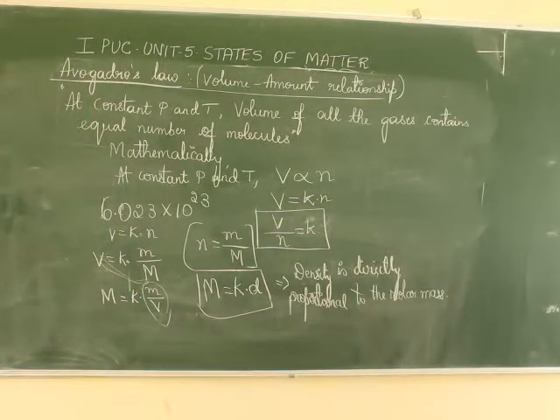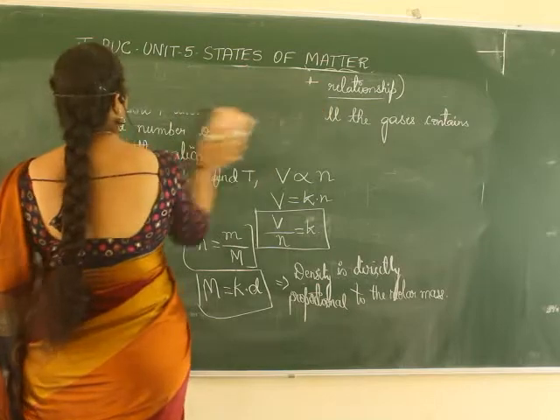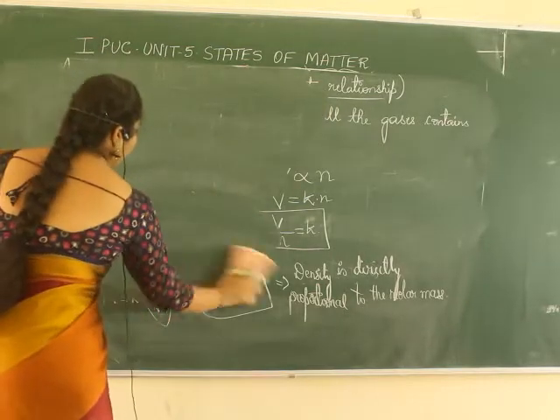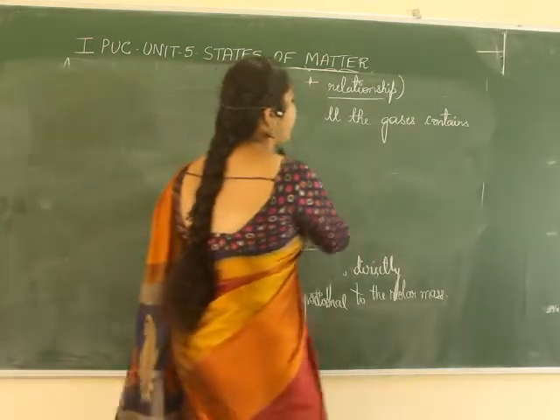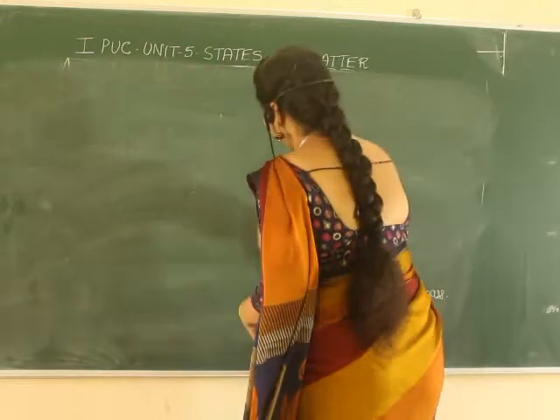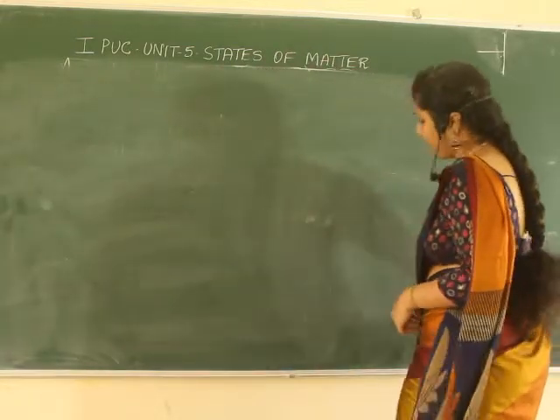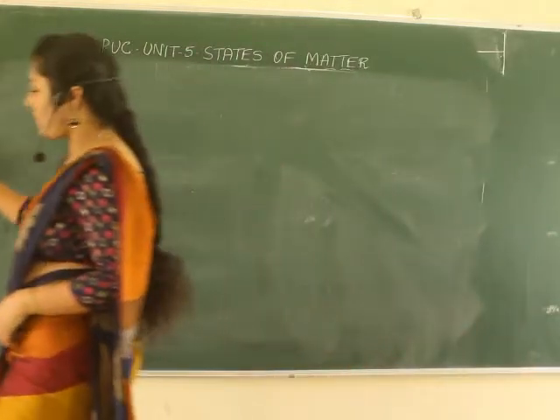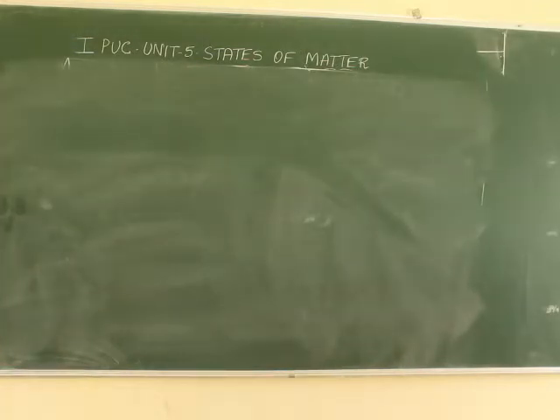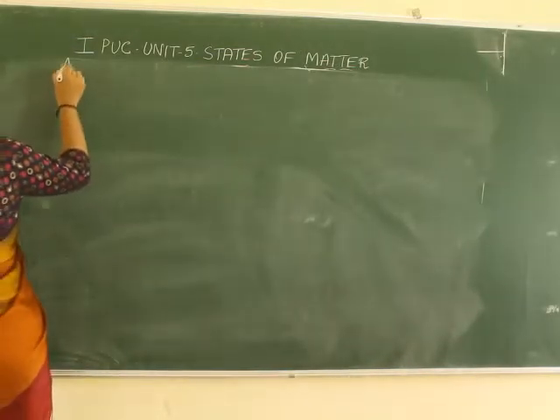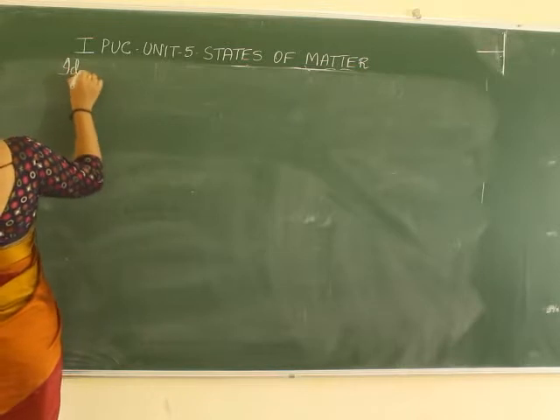Next, very, very important concept, more often repeated question, and a very easy concept if you have understood the three important laws here and the mathematical expression of it. Next is ideal gas.